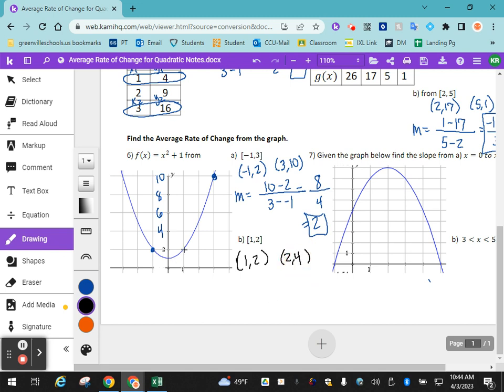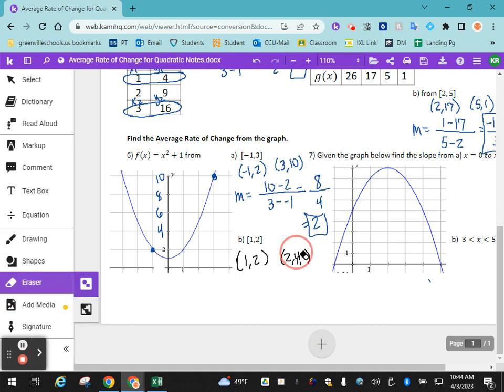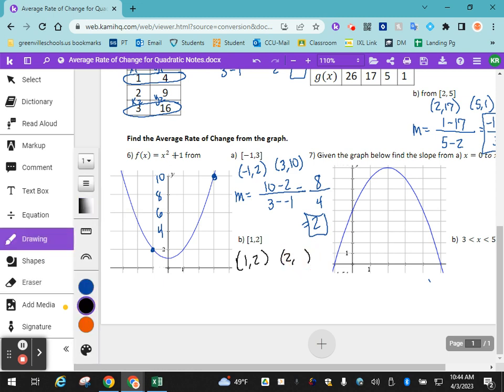I think it's also a slope of 2 because it's from, actually, 2 isn't at 4, is it? I have to plug it in. 2 squared is actually at 5. Yeah, it's in the middle, it's at 5.